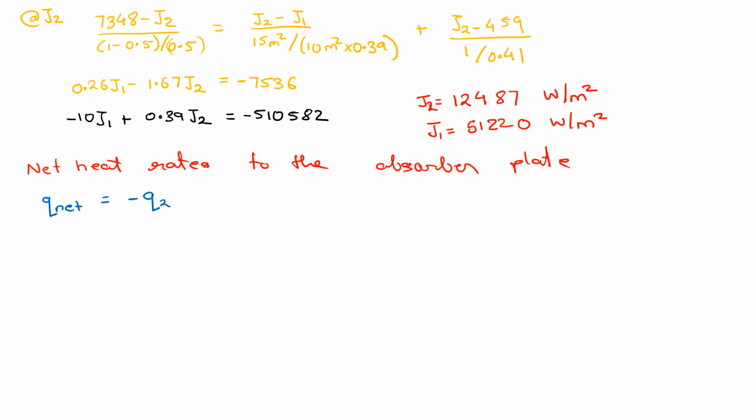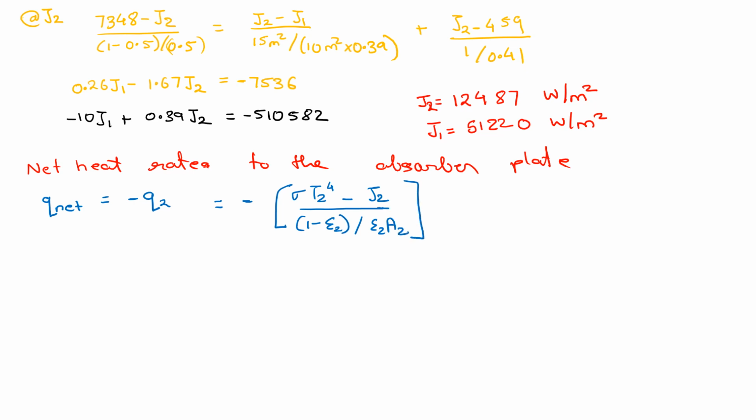We took a negative sign because we had assumed that Q2 was going out of the surface. That's why we have to put a negative sign to find the value of what is going into the surface. And this will be negative of sigma T2 to the power 4 minus J2 divided by 1 minus epsilon 2 by epsilon 2 A2.